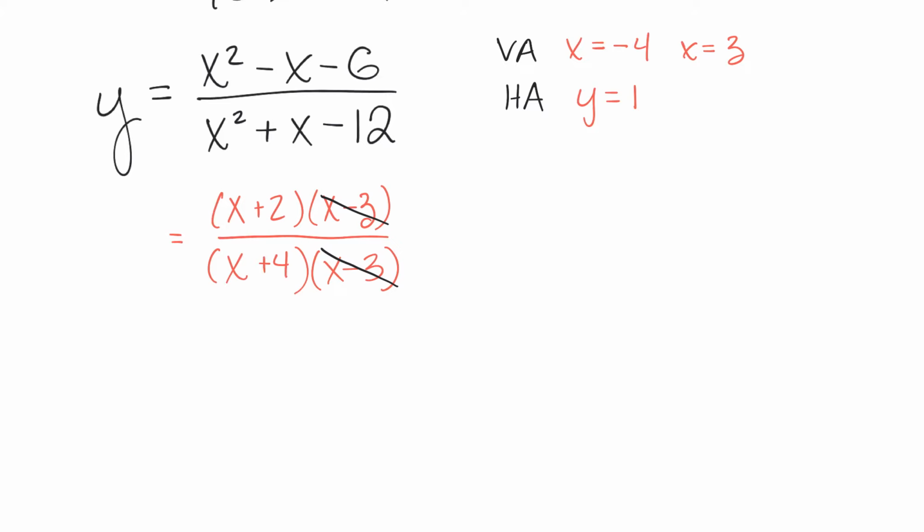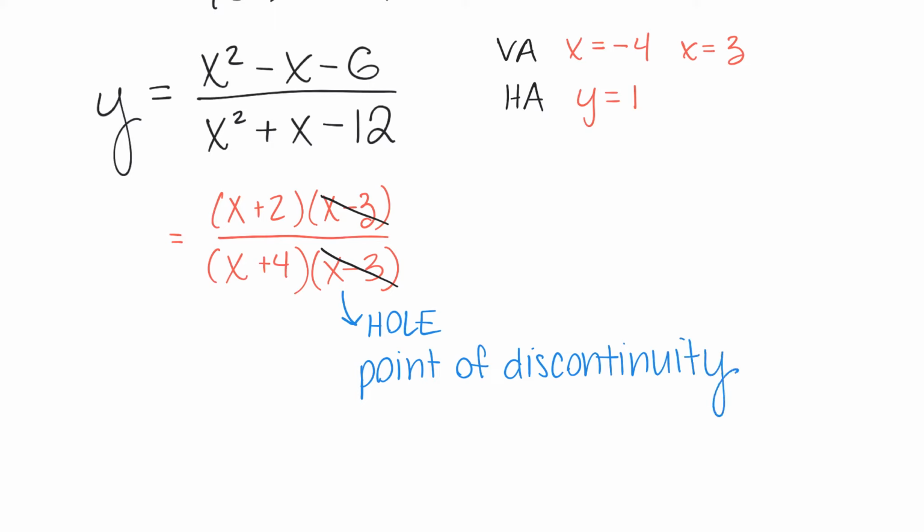That means that this is not going to work. And whenever you have something that cancels out in the top and the bottom, it's going to create what we call a hole. The technical name for a hole is a point of discontinuity. Okay, a point of discontinuity.